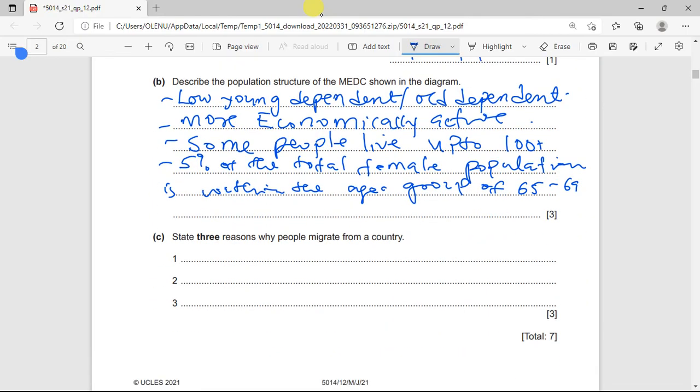Now state the reasons why people migrate from a country. This can be both forced migration and voluntary migration. So you can look at things such as lack of food can make people move. That's starvation. Another thing can be people move for better jobs. People can also move because of better education.